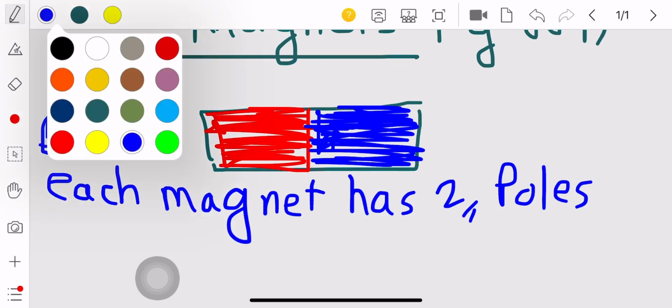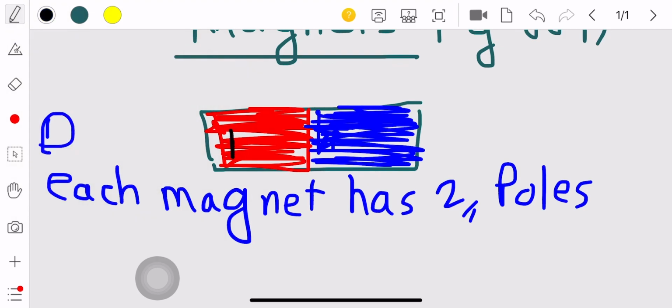The blue one is called North Pole. And the red one is called the South Pole. So the first property of a magnet is that each magnet has two poles. One of them is called the North Pole, and the other one is called the South Pole.